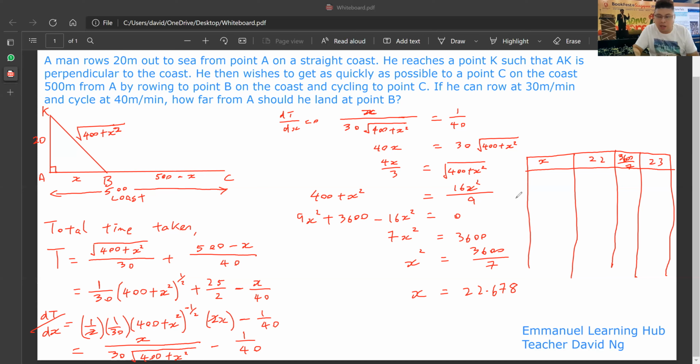Then you put in the value, find your dt/dx. This is 0. When x is 22, what's the value?